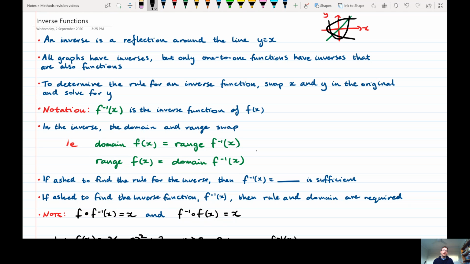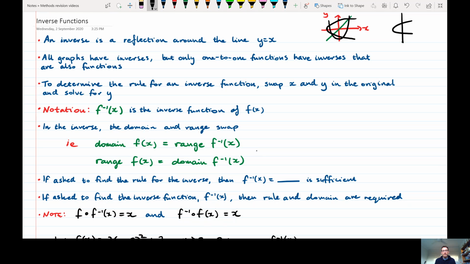What you will notice is now I've drawn a sideways parabola, but that thing is not a function. That is a relation because it does not pass the vertical line test. Remember, for it to be a function, it must pass the vertical line test by crossing only once. So we have a problem. Every single graph has an inverse, but not all of those inverses end up being functions.